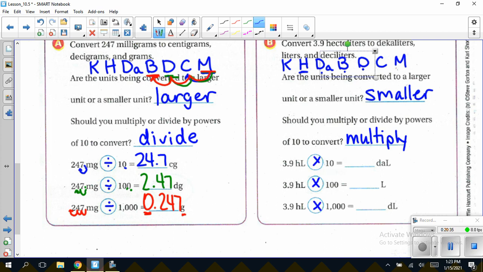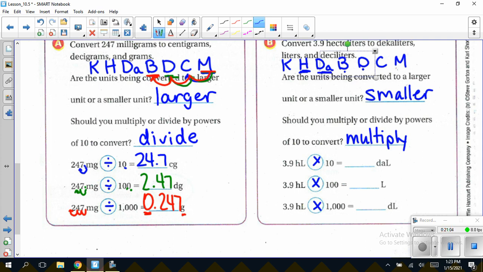And now I can go ahead and solve. So if you recall from chapter 4, when multiplying by increasing powers of 10, we need to swoop to the right. And then to help us figure out those powers of 10 that they did write down for our multiplication problem, I am going to show it up with the letters. So if I'm going from hectoliters to deciliters, remember the deciliters, the DA, deciliters.